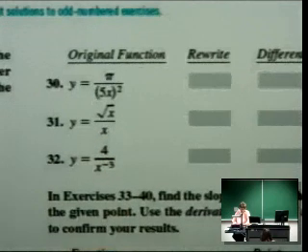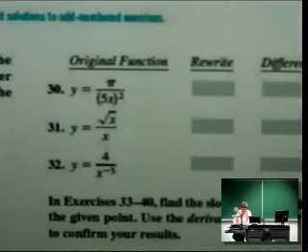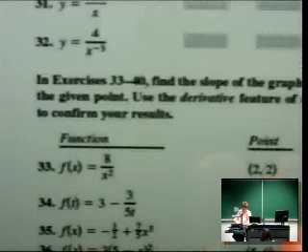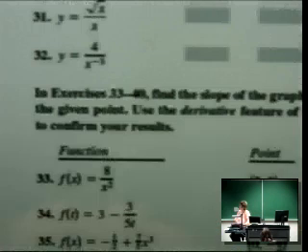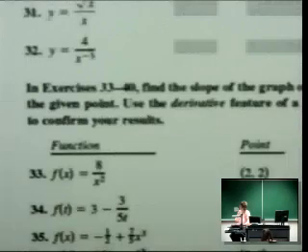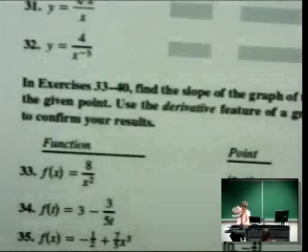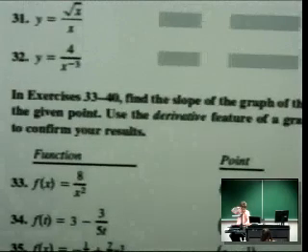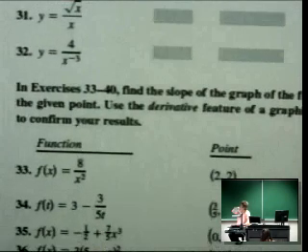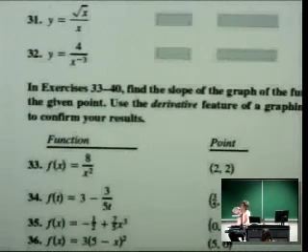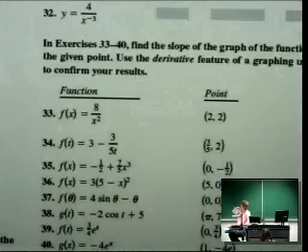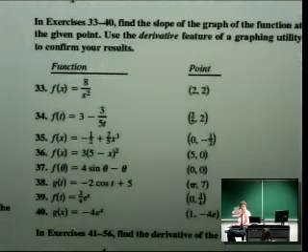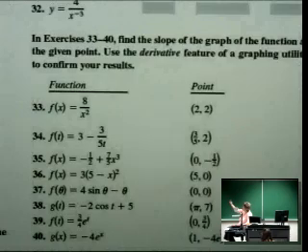All right, we'll write down one of these in just a second, but starting out with the easy ones, 33 through 40 say, find the slope of the graph of the function at the given point. Put those instructions in non-calculus. Well, no, you're still going to have to use calculus words, but what does that tell you to do?